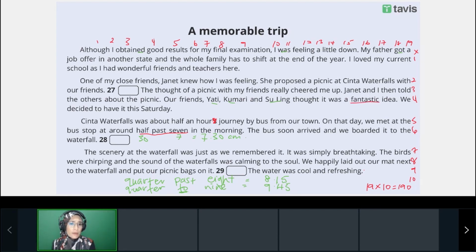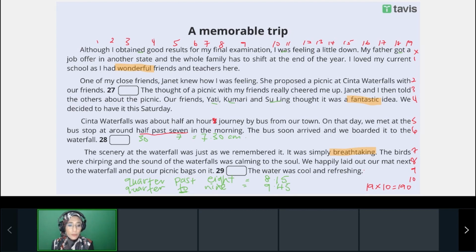Let's use orange. Fantastic. What else? The scenery, as remembered, was simply breathtaking. And here it says wonderful friends. She's describing her friends as wonderful.